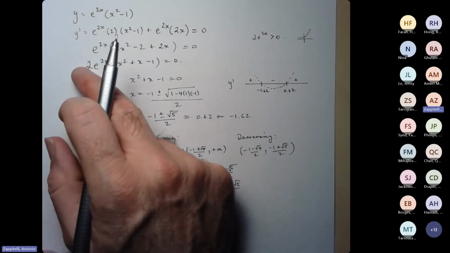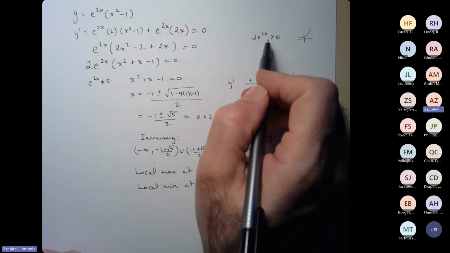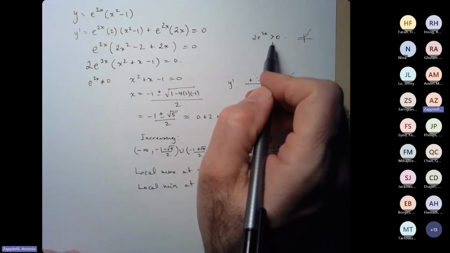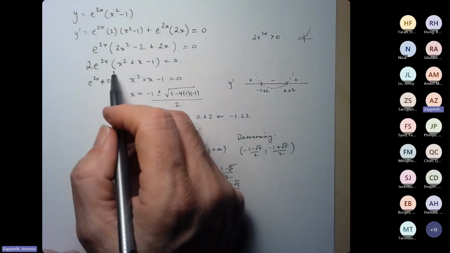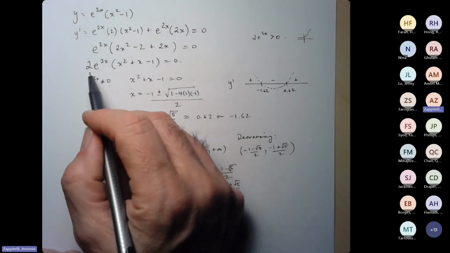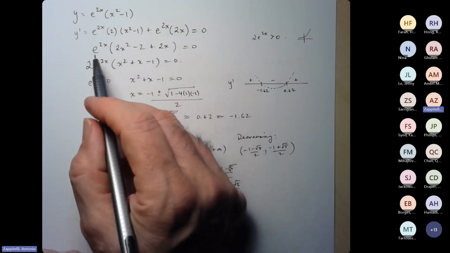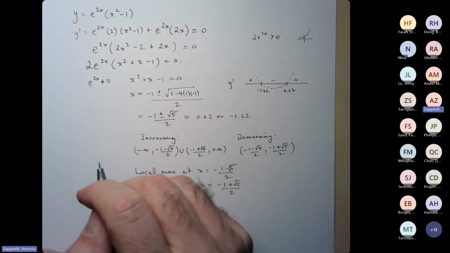And of course, 2 is a positive number. So can you see that this expression is always positive? Which means that whenever the inside of the bracket is positive, the derivative is going to be positive, and whenever the inside of the bracket is negative, the whole thing is going to be negative. So does that make sense?